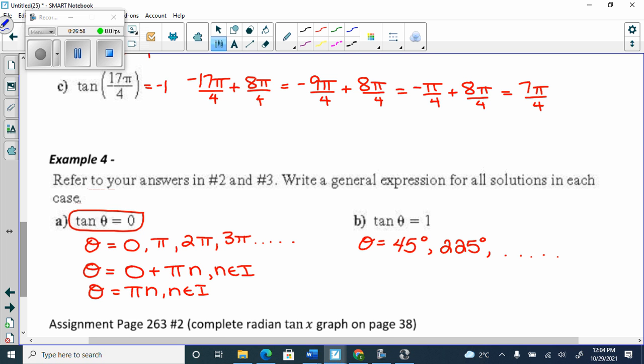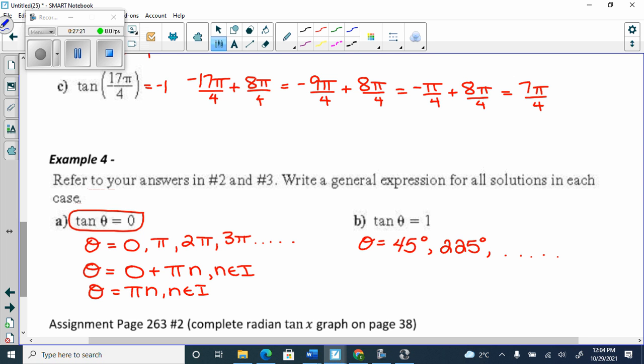So the reason why tan general solutions are so nice is because tans are always across from each other, right? Because all is in quadrant 1, and quadrant 3 is where your t's are going to be. So tans are positive completely across from each other every 180. That's why they repeat themselves every 180. And tans are negative across from each other in 2 and 4, right? Every 180.